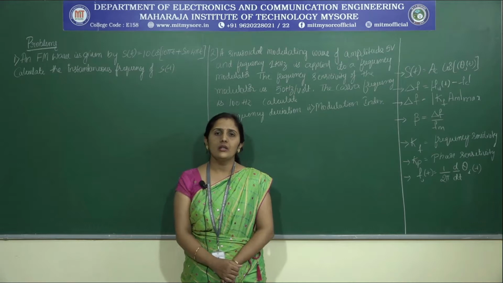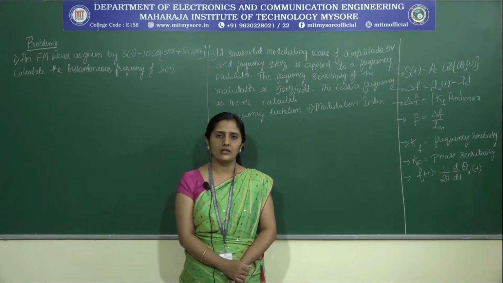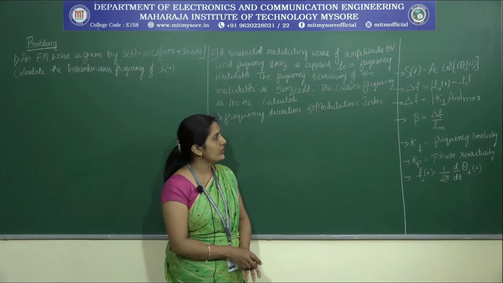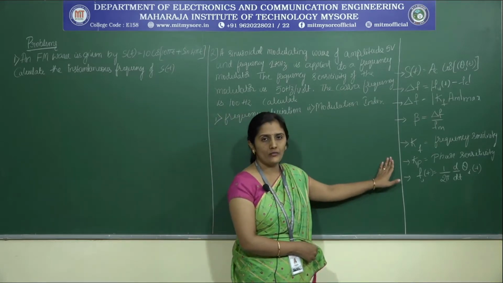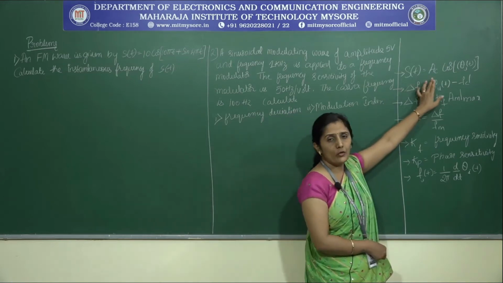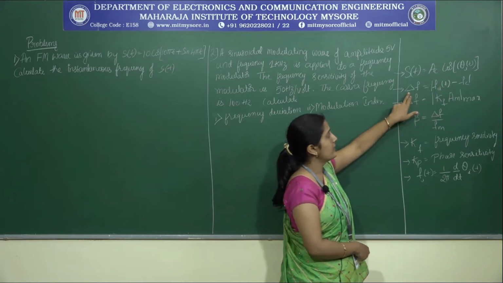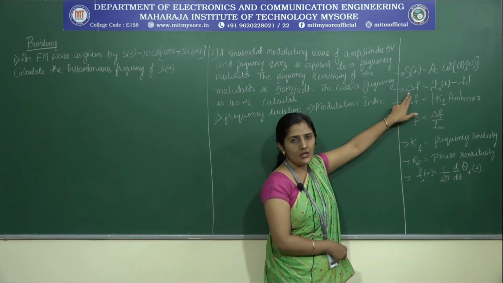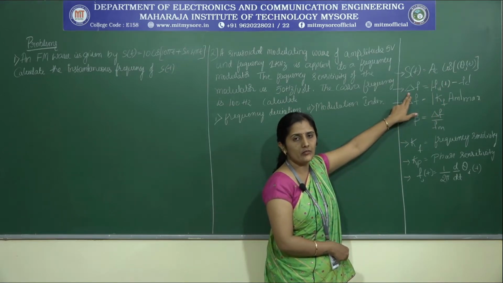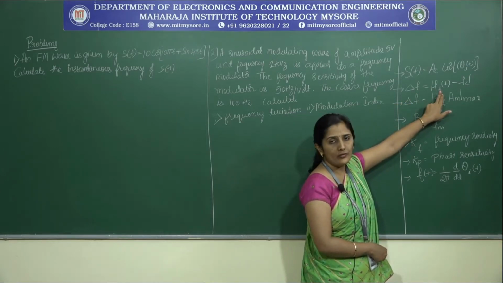Okay, so before solving the problem we have to consider the different formulas for this. So here we go with the formulas. You have to remember all these formulas. The sinusoidal S of t is given by the formula Ac into cos theta i of t, and this is the frequency deviation, which we are going to represent with delta f. f i of t is nothing but the instantaneous frequency.